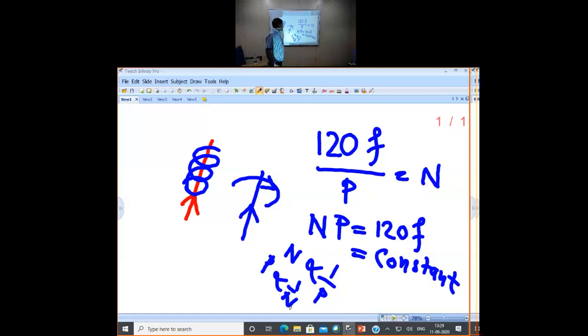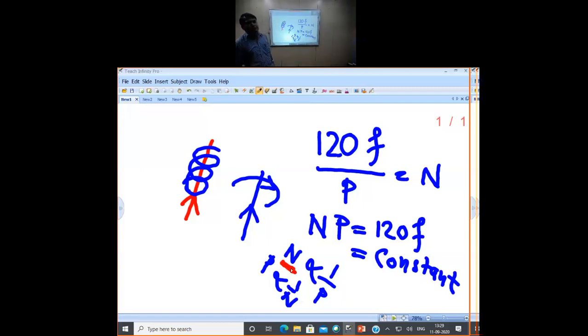So speed will automatically be very less. And in hydropower station, you know that Francis turbine, Kaplan turbine, Pelton wheel, all these are slow rotating turbines. Therefore, the salient pole structure is very much suitable for hydropower station.